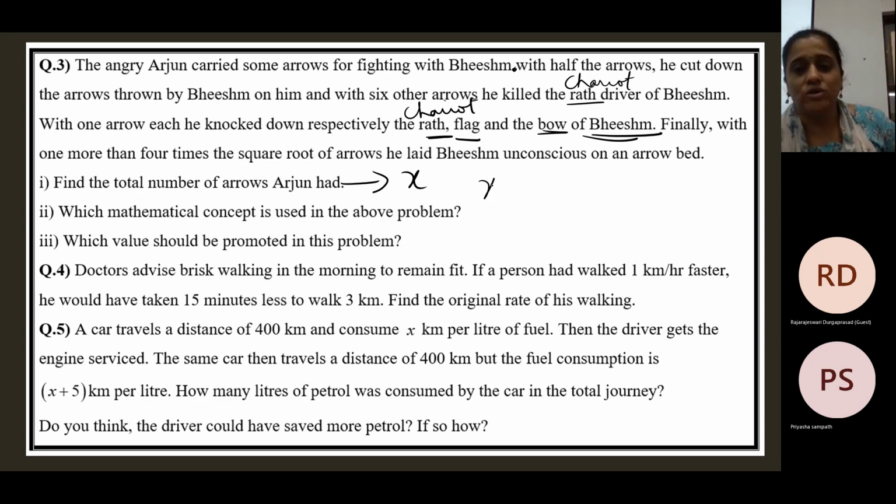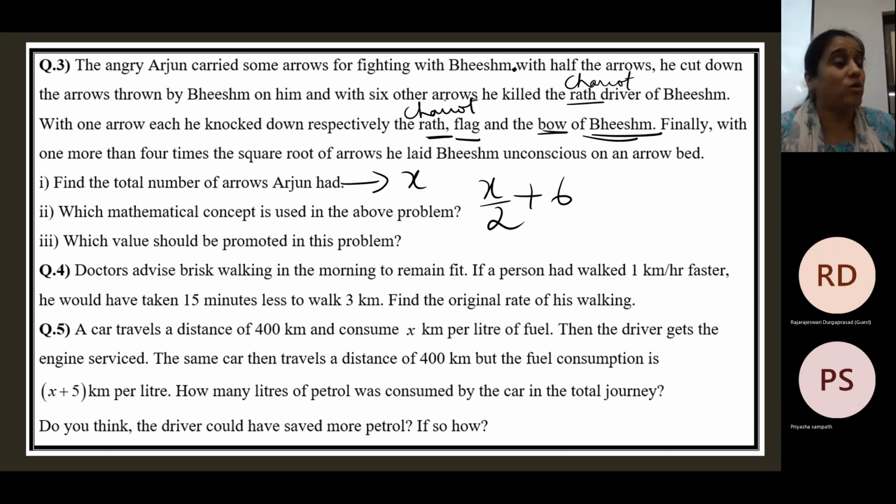So X by 2, he cut down the arrows thrown by Bhishma on him. And with 6 other arrows, so plus 6, he killed the chariot driver of Bhishma.